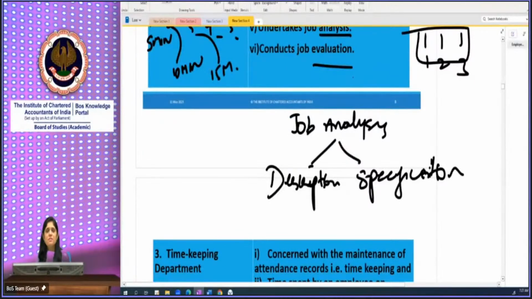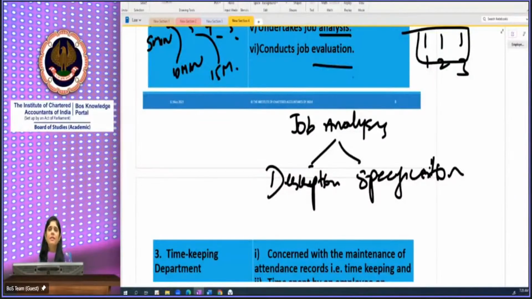Detailed analysis means whenever, let us say, I have been selected for a job, I will get the job description. This is the job title. So the title of the job is general manager, or let us say the production manager. Then where is the job location? What qualification you should have, what knowledge you should have.